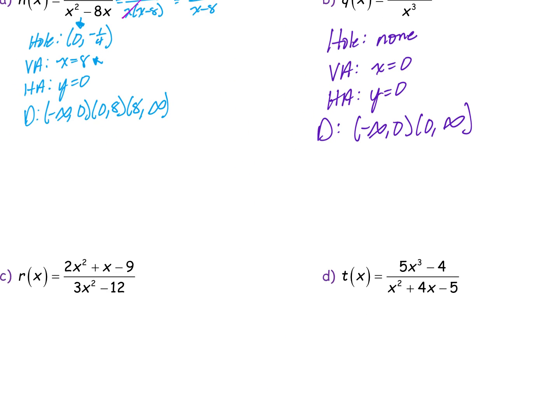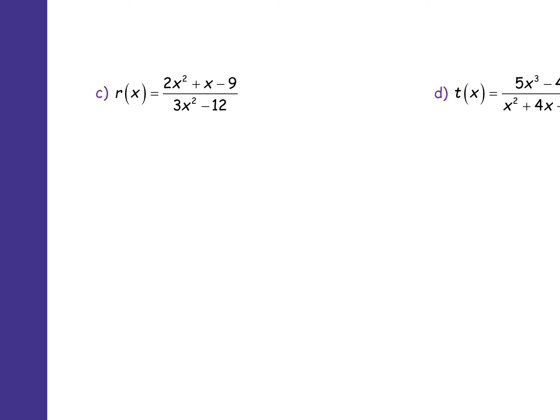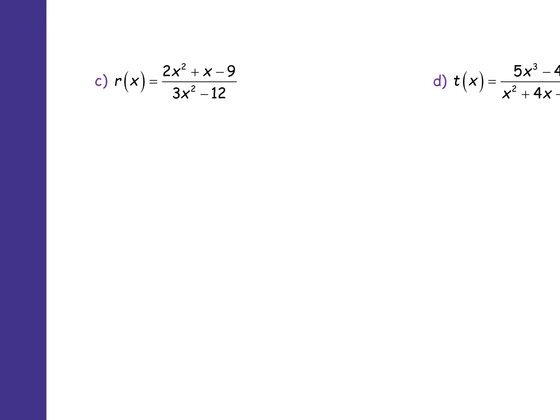Okay, and then C does not factor, this 2x squared plus x minus 9. There's no way I can multiply 2 and 9 together and get a 1. I tried. I spent a good 5 minutes trying to factor it. Didn't work. So on here, M equals N. So I have no holes because I can't simplify anything.